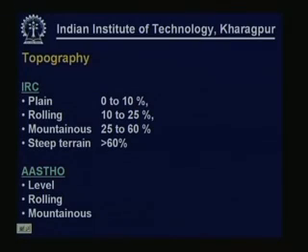According to this cross slope, terrain is classified as plain terrain, rolling terrain, mountainous and steep terrain. If the cross slope is between 0 to 10%, it is called plain terrain. Similarly, 10 to 25% is rolling terrain, 25 to 60% mountainous terrain, and more than 60% it is steep terrain.